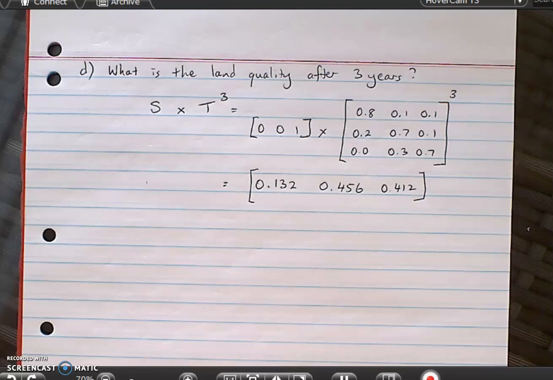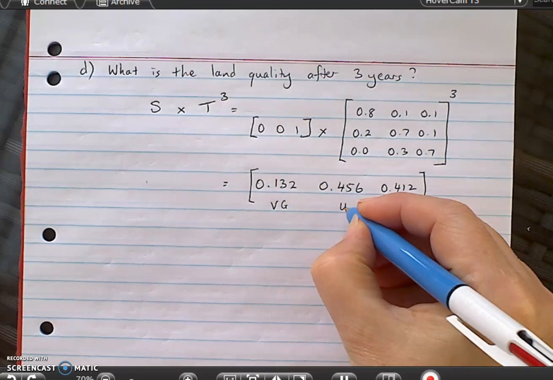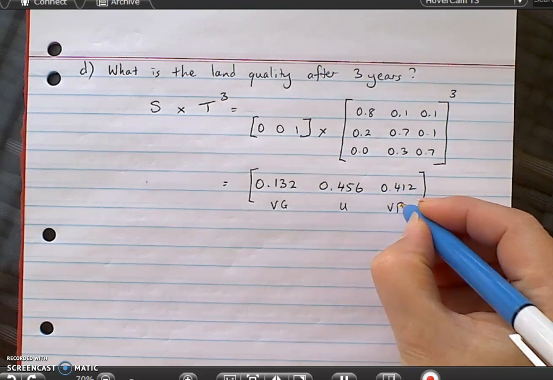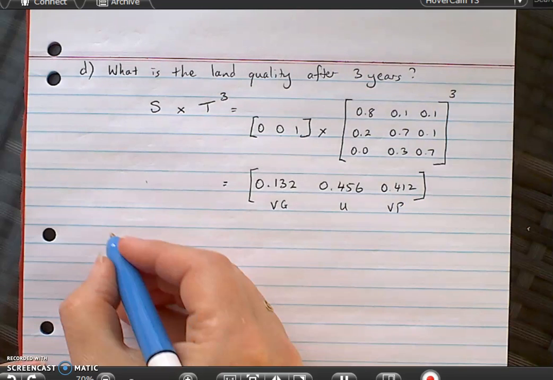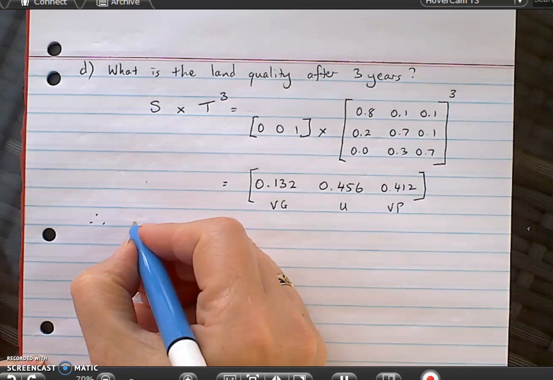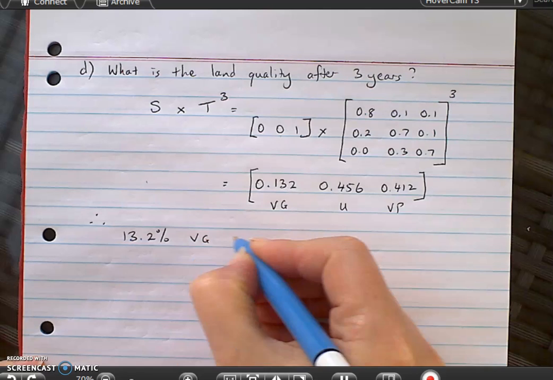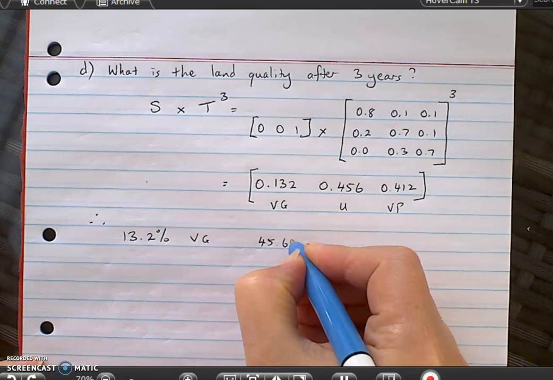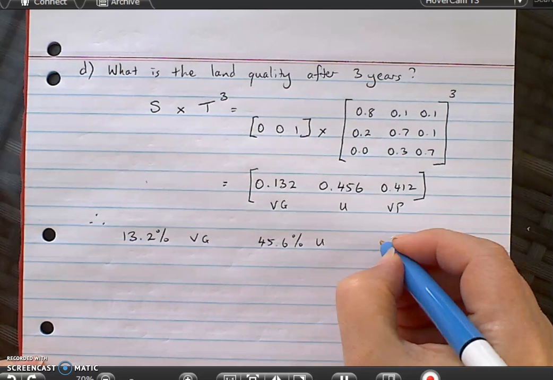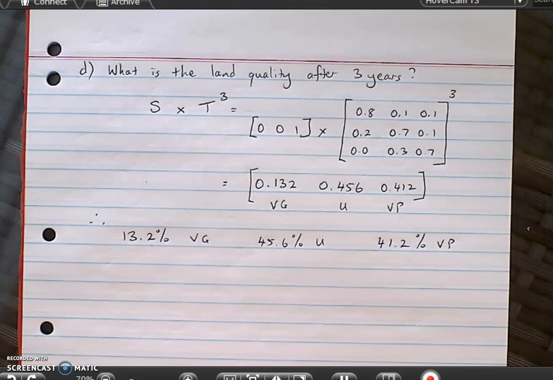And now we've got the 3 numbers that we need for the very good, the usable, the very poor in 3 years' time. So therefore, 13.2% very good, 45.6% is usable, 41.2% is very poor.